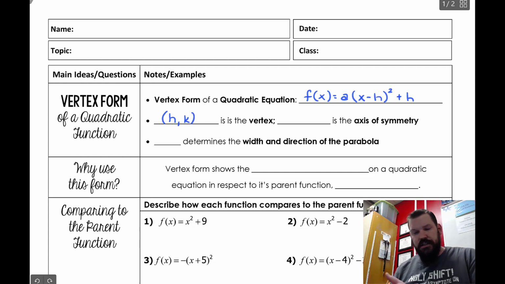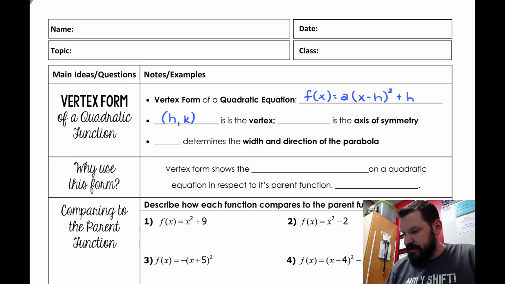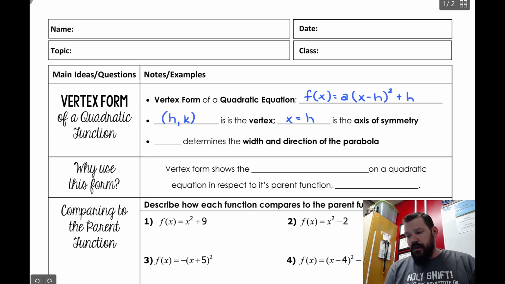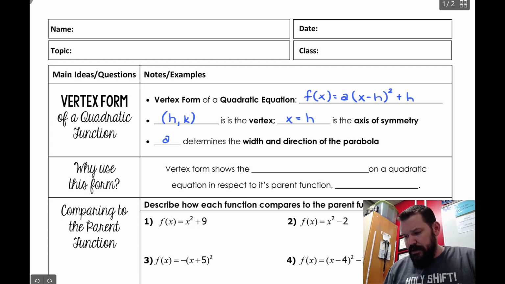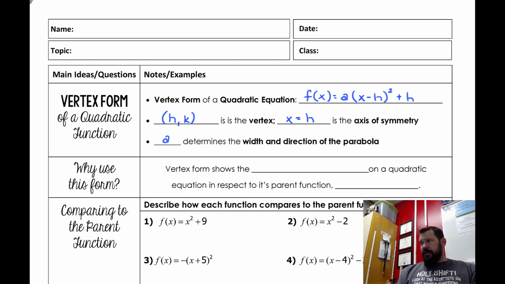So whatever h is and whatever k is, that's our vertex. And x equals h is the axis of symmetry. We have talked about the axis of symmetry in this class already: x equals whatever the x-coordinate is of the vertex of that graph. And then our coefficient a determines the width and the direction of the parabola.